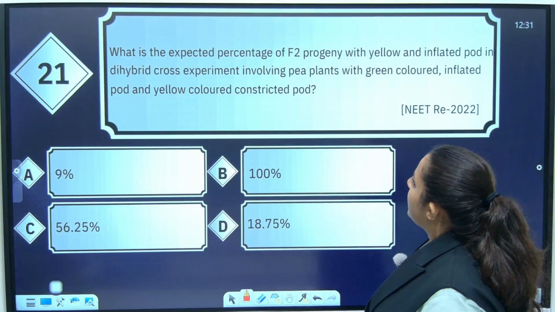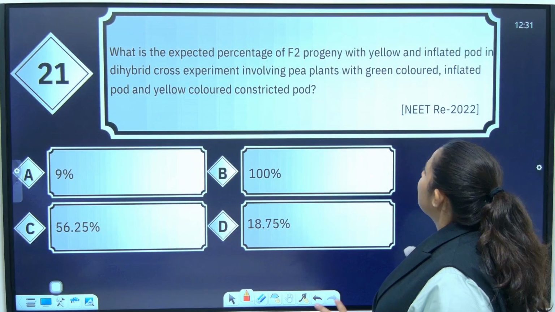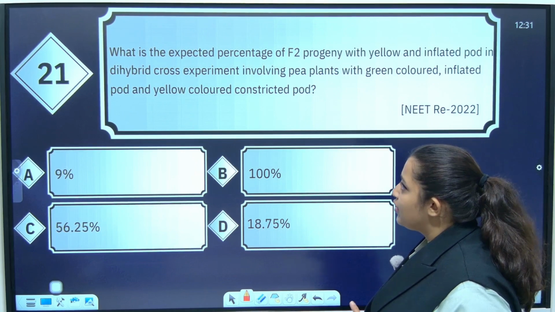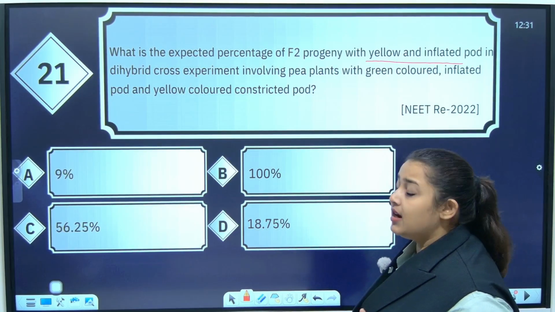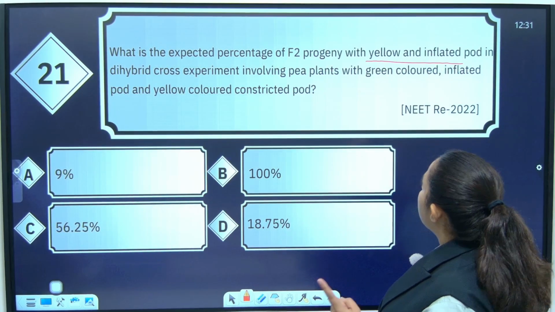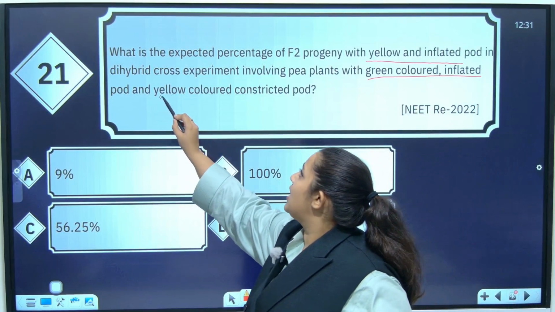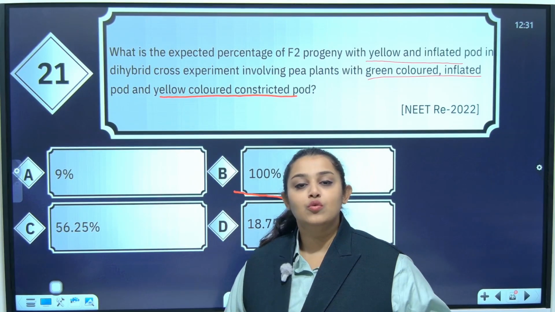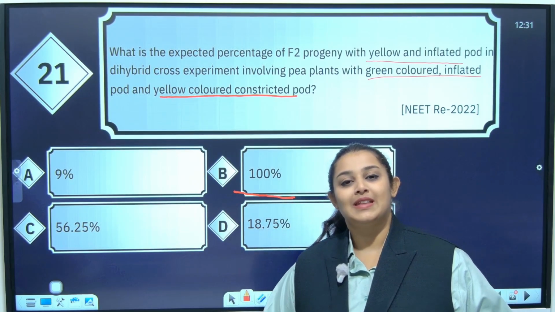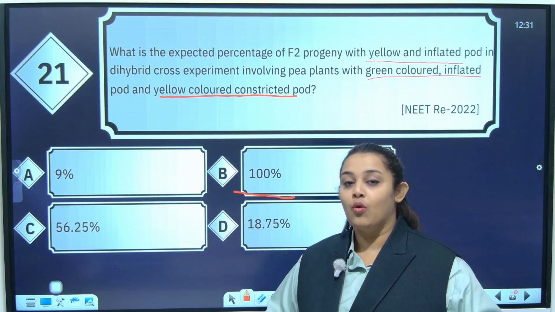What is the expected percentage of F2 progeny with yellow and inflated pod in a dihybrid cross experiment involving pea plants with green and inflated pod and yellow and constricted pod? Pay attention to yellow and inflated. We are so used to putting the dominants together, expecting them to be pure breeding, that we do not usually see the whole question.